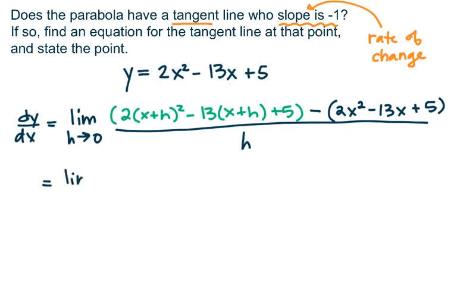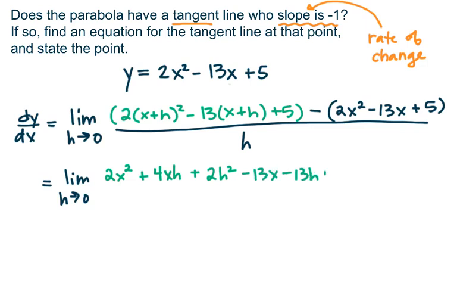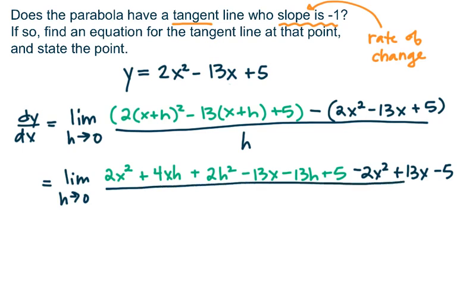Simplifying, I've got the limit as h goes to 0 of 2x squared plus 4xh plus 2h squared, minus 13x, minus 13h, plus 5, minus 2x squared, plus 13x, minus 5, all of which is divided by h.